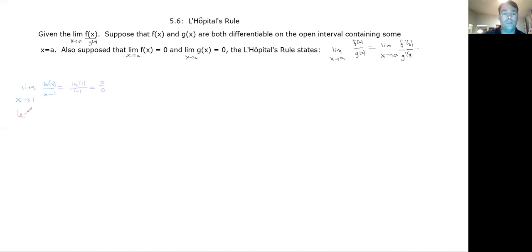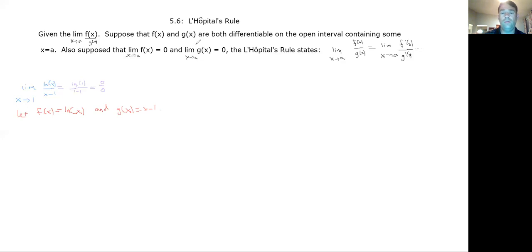So let f of x be the natural log of x, and g of x be x minus 1. So we set it up with these two functions.